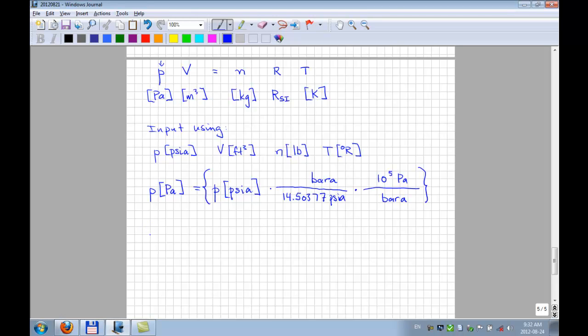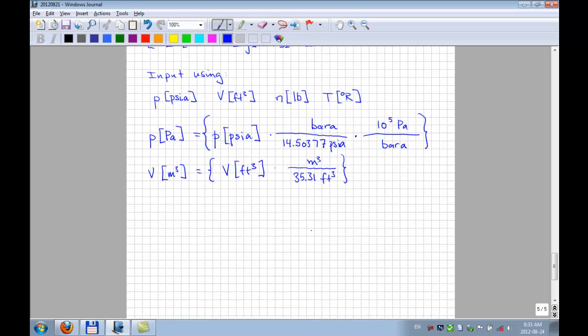And likewise for volume, to get that into cubic meters, where we actually input the volume in cubic feet, we'll use this conversion, 35.31 cubic feet per cubic meter. On mass, or mole units, we need it in kilograms, but we're going to input it in pounds.